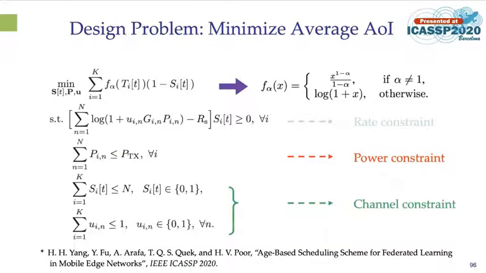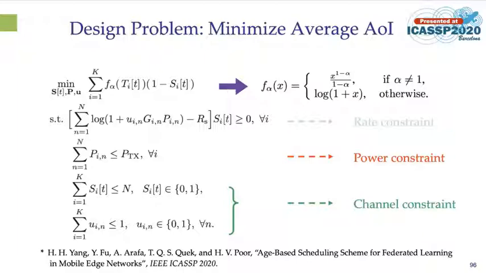So we can set up a design problem where we try to minimize the average age of information. Remember, A_i(t) is the age of the information of end user device i at time t. S_i(t) is a selector for that end user device at time t. f_alpha is just a weighting function for the time, a standard one, on the age of information.